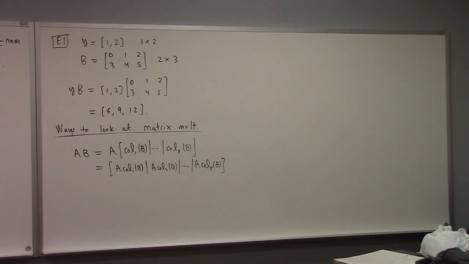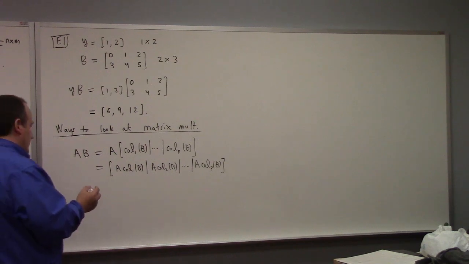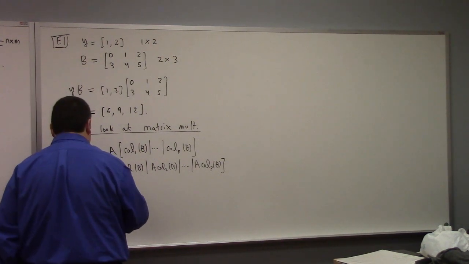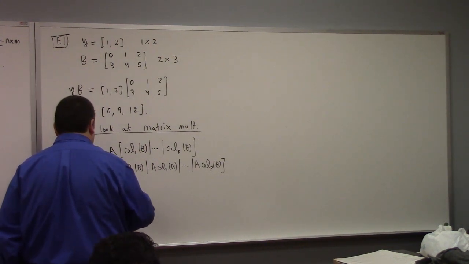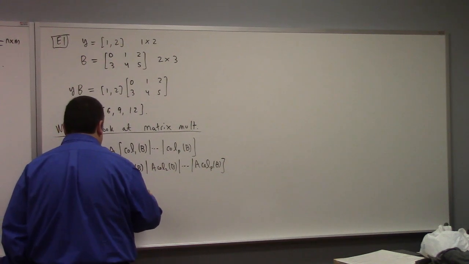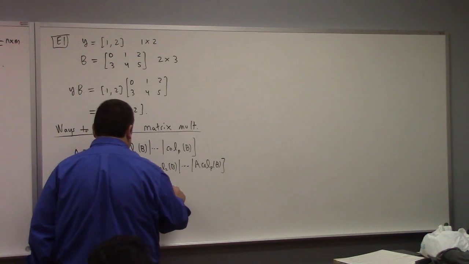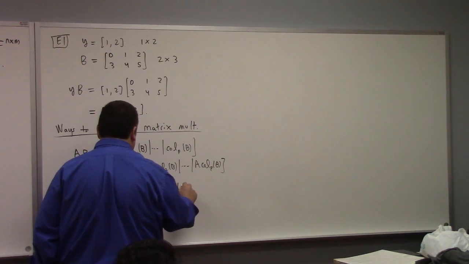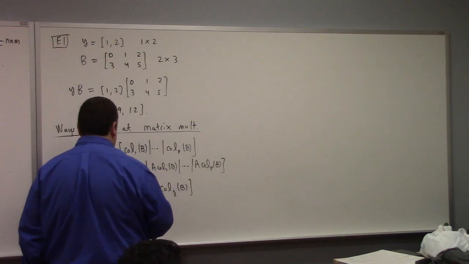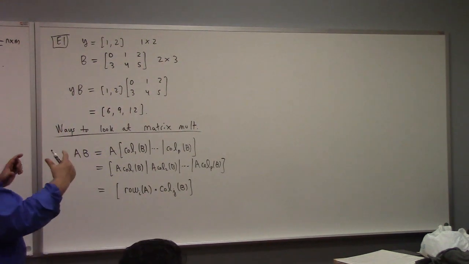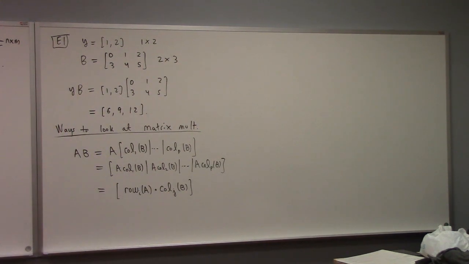Now the one we typically teach students, right, is that this is basically what? It's the ith row of A dot product with what? The jth column of B, right? That's how you, and this is that notation, right? You add square brackets and ij in the middle to indicate the matrix entry.